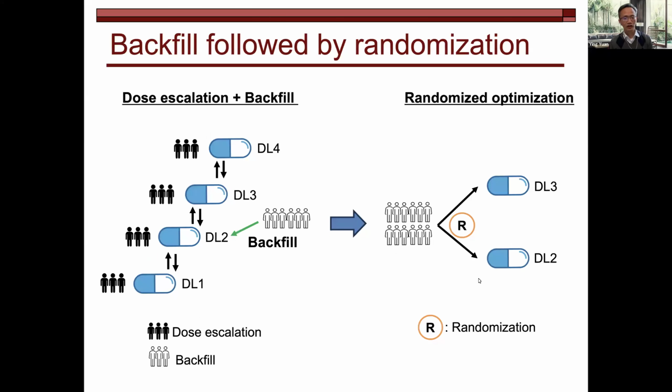And a lot of times, after backfill and dose escalation, we still have limited data on multiple doses. In these cases, we may treat more patients and collect more data to facilitate final OBD or recommended phase 2 dose selection. And in this case, a lot of times, we will take a two-stage approach. The first stage focuses on dose escalation with backfill.